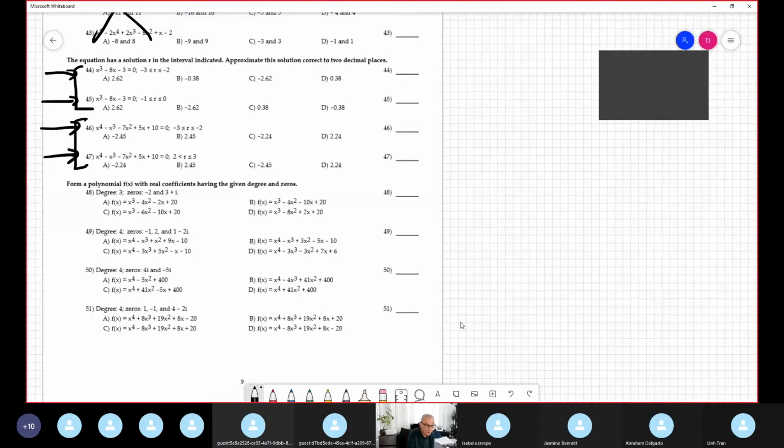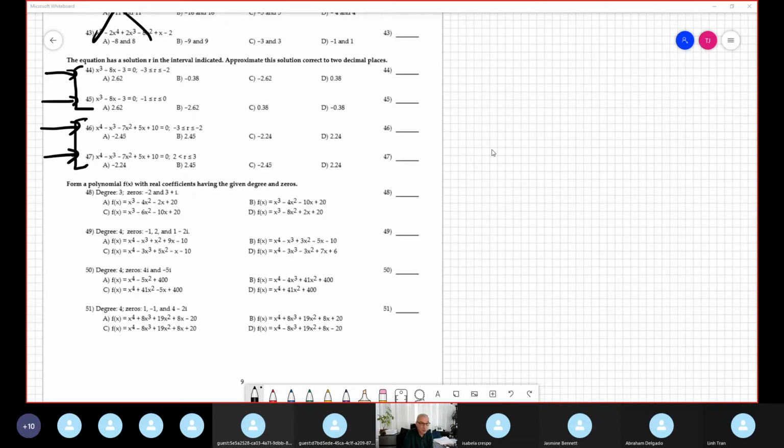Okay, they want us to find a polynomial in x with real coefficients having the given degree and zeros. In question number 48, the degree is 3. This is a requirement.